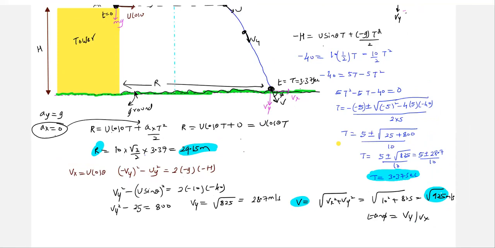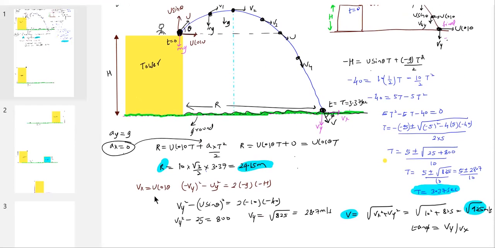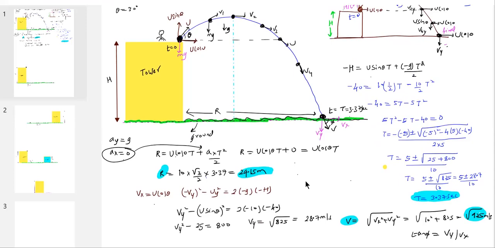So this is about when you project a ball from a tower of height h. We can use this basic method. Once again, let me summarize. We have projected a ball with a speed u at an angle theta. Because of weight, the trajectory will be parabolic and it's going to describe a parabolic path and come and strike the ground with a speed v.